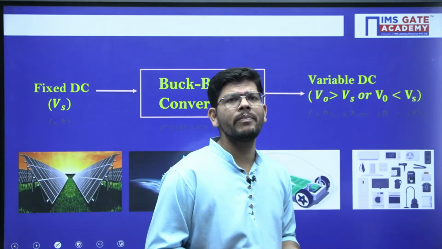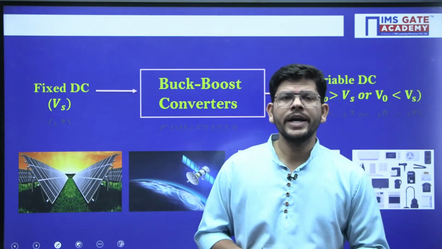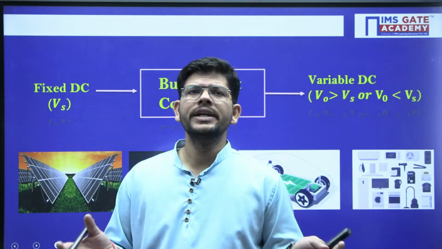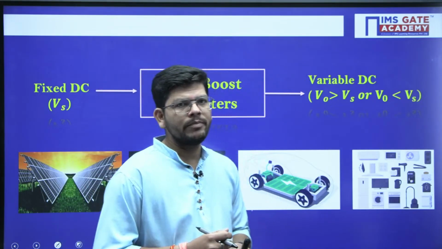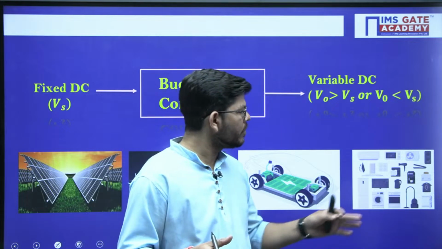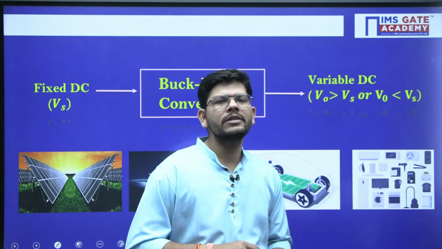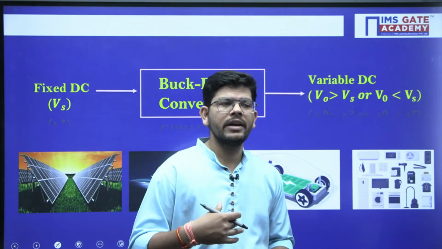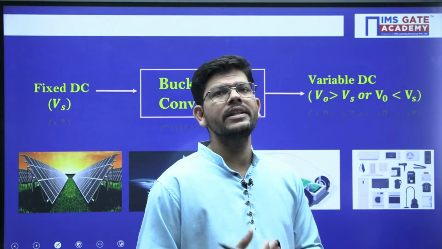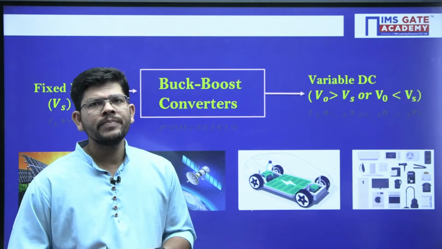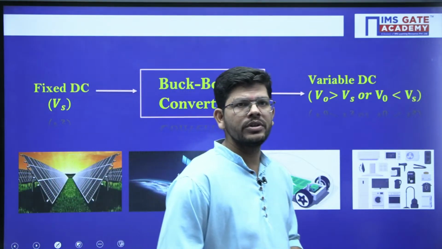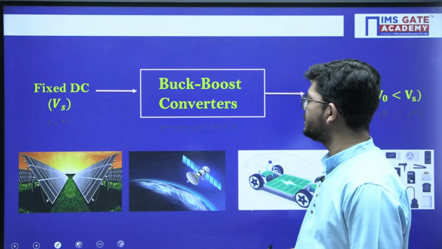A lot of home appliances run on batteries, and inside them we have a DC motor whose speed we have to control. By controlling the speed of that DC motor we control the operation of the device, and this is possible with a converter which can vary the input DC voltage, which is achieved by Buck-Boost converters. So this is why we are here to discuss Buck-Boost converters.